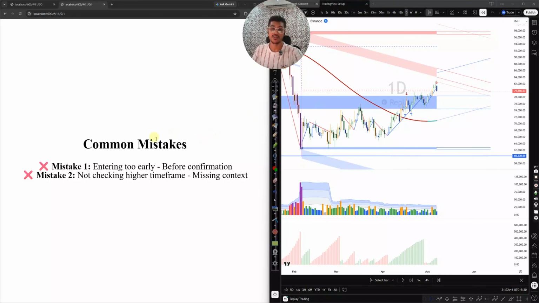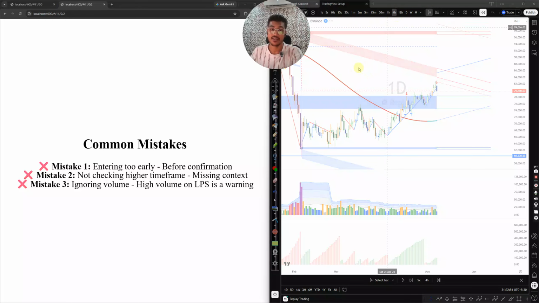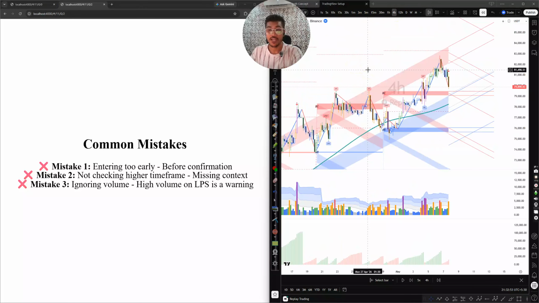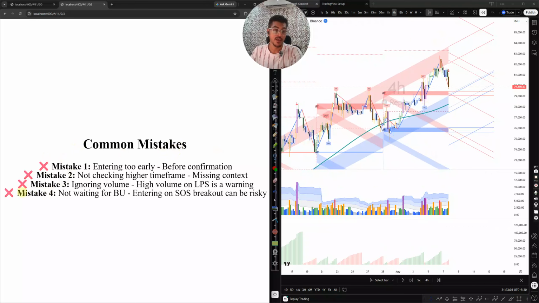All right, mistake number three, ignoring volume. High volume on LPS is a warning, so be aware of that. Whenever you take a pullback trade, always look for a low volume pullback. You see, this volume was less than that, so you would buy there. The market goes up, right? Mistake number four, not waiting for the backing up action.